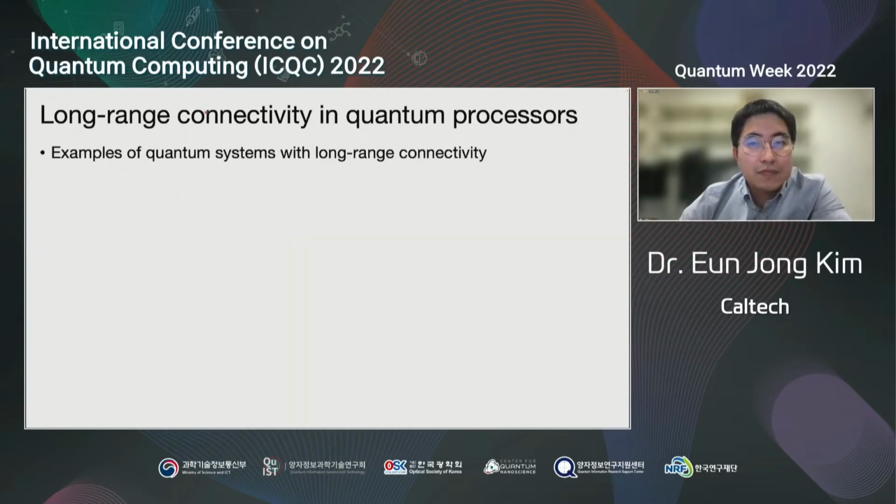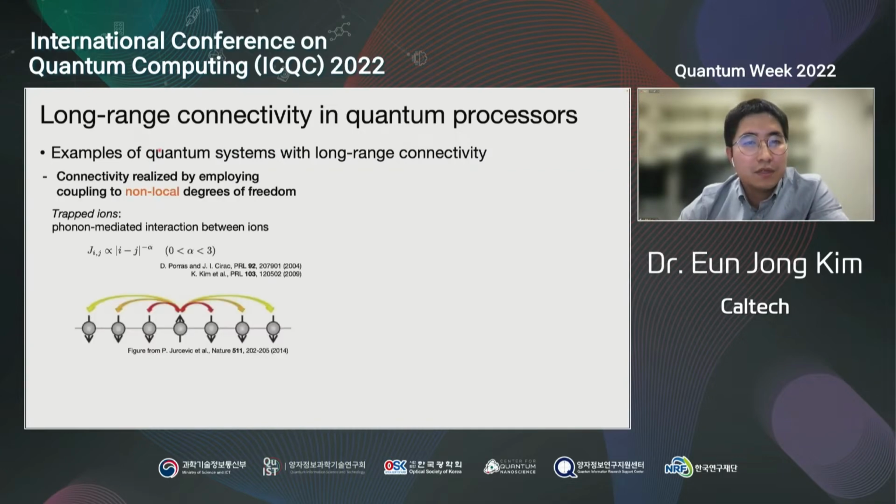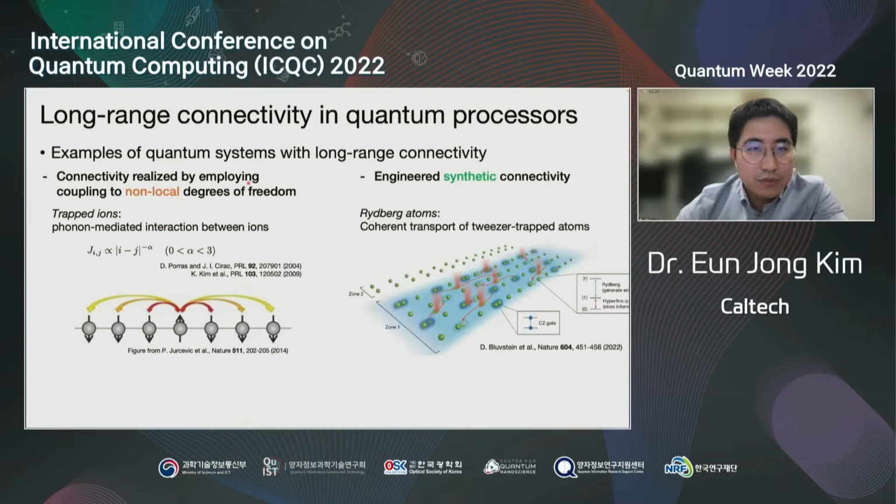Examples of quantum systems with long-range connectivity include cases where connectivity is realized by employing coupling to non-local degrees of freedom. For example, it is well known that in trapped ions, phonon-mediated interaction between ions can be used to generate an interaction that is characterized by the power law decay. Also, one can synthesize the connectivity by advanced control over the system.